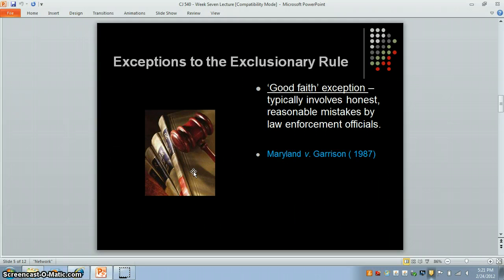The police still found contraband in Mr. Garrison's apartment, but they were supposed to search Mr. McWebb's apartment. Nevertheless, the U.S. Supreme Court ultimately ruled that Garrison's conviction was valid in light of the information available to the officers when the warrant was sought, and in light of the information available to the officers at the time they acted.